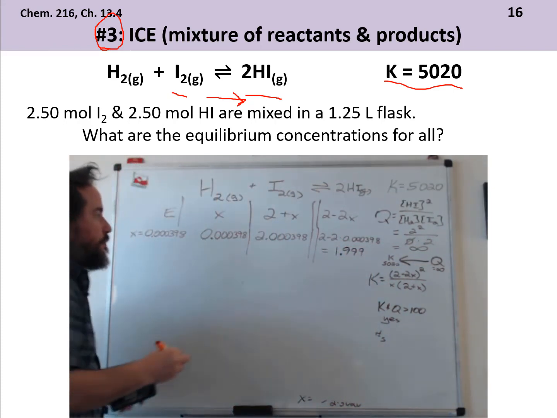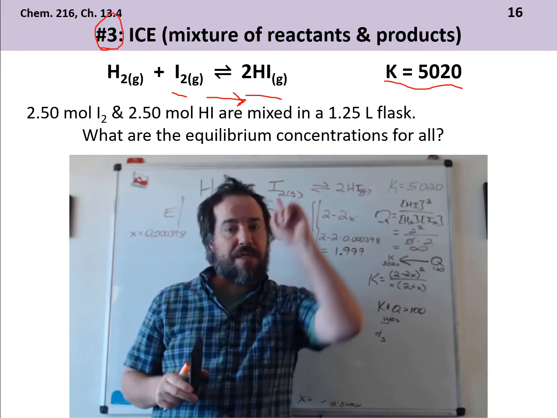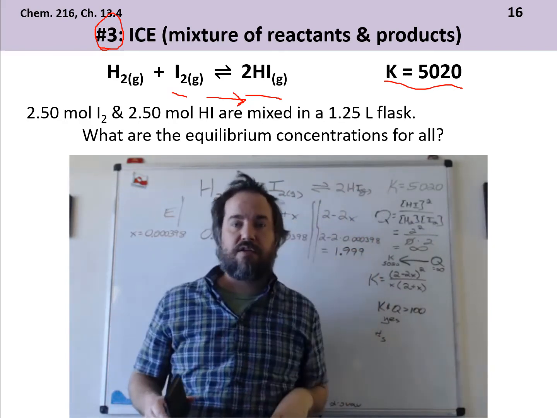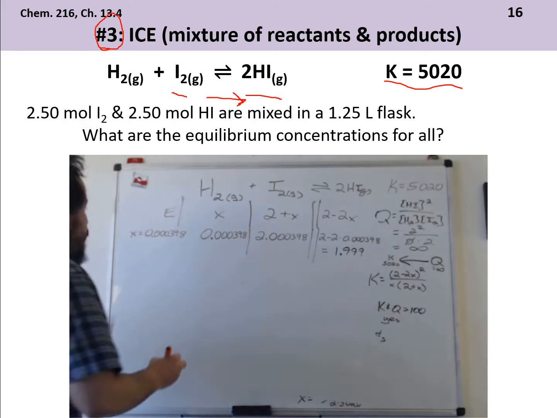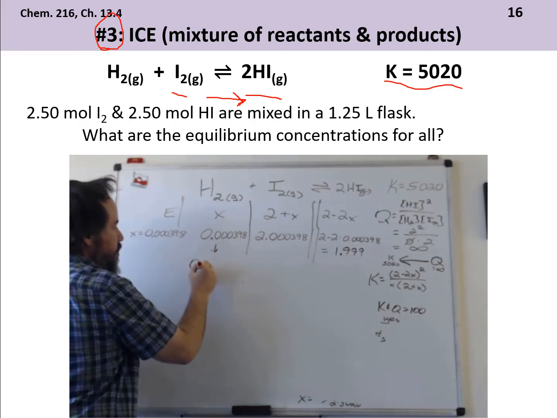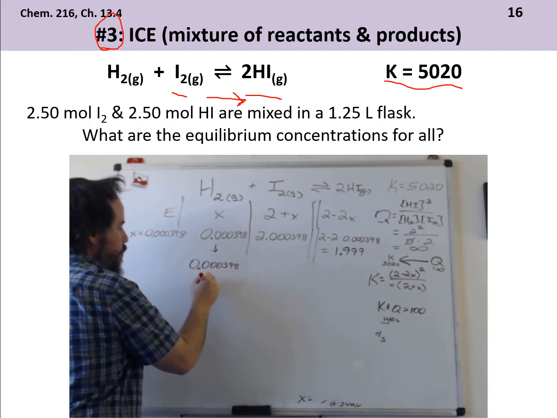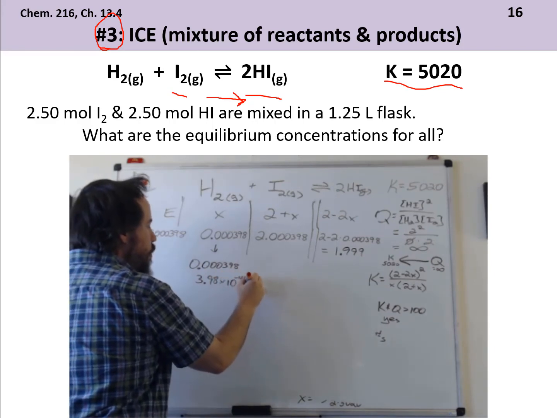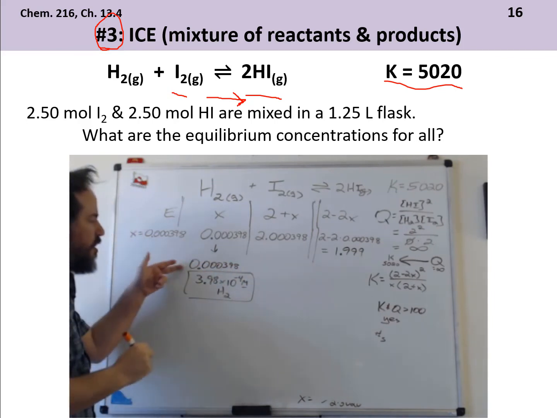Now, significant figures still matter. Notice those numbers at the top, 2.50, 3 sig figs. 1.25, 3 sig figs. So I'm going to write all these with 3 sig figs. So I have 0.000398, or 3.98 times 10 to the minus 4 molar H2. Okay, either number is fine.